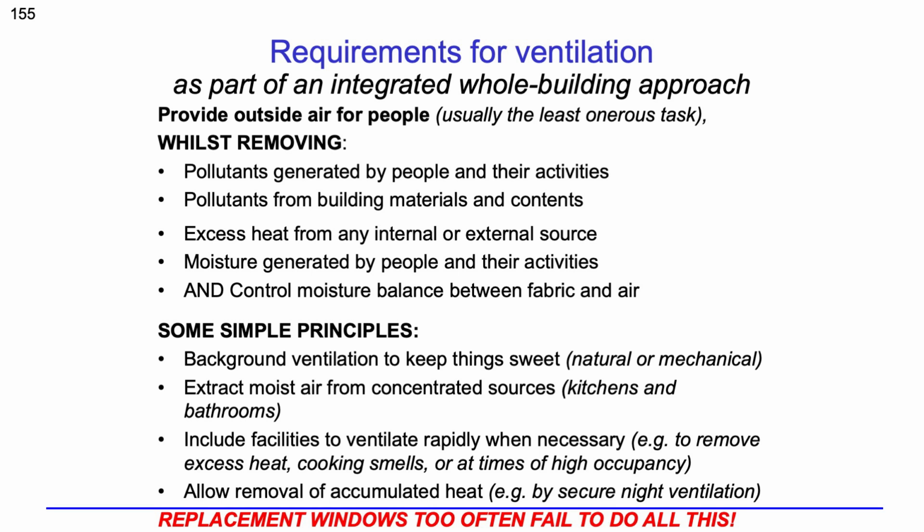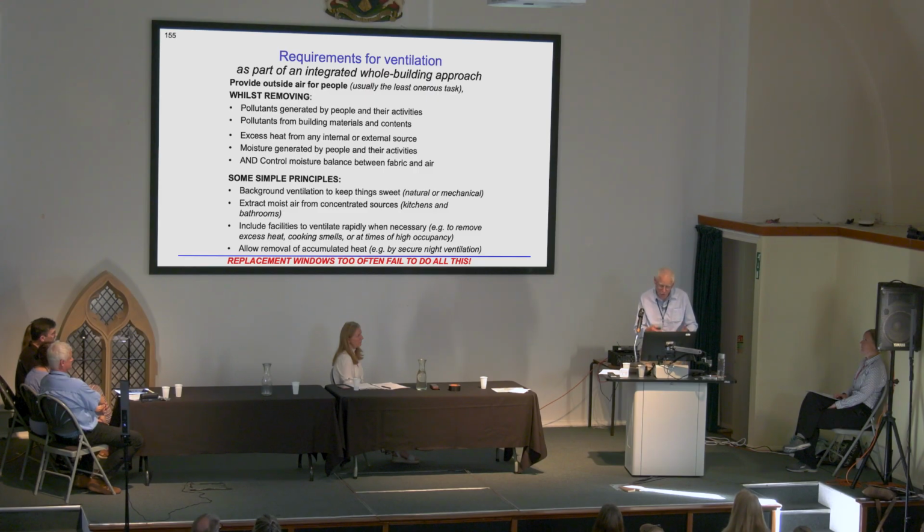And sometimes there's an issue. You've been away and the building's shut up and it's really hot, or you've burnt the toast, or you're having a party or something. You really need to throw the windows open. Often that is not afforded, either in modern designs or in old designs that have got painted up or dealt with in some other way.